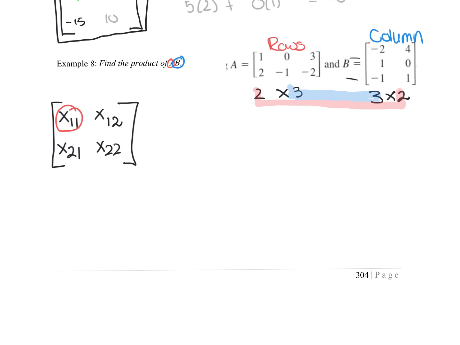So if I do row 1, column 1, I get 1 times -2 plus 0 times 1 plus 3 times -1, which makes a -2 plus nothing minus 3. So it's going to be a negative 5.